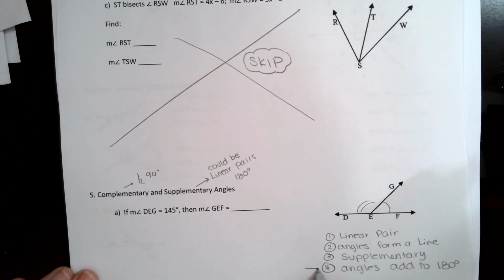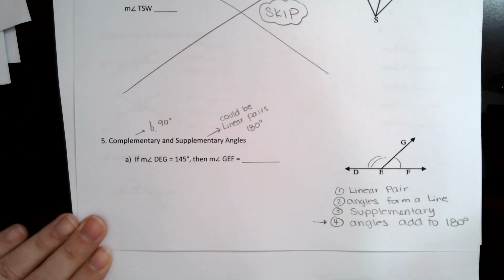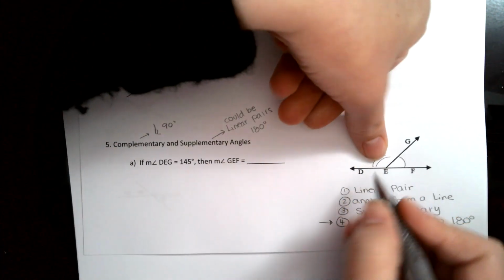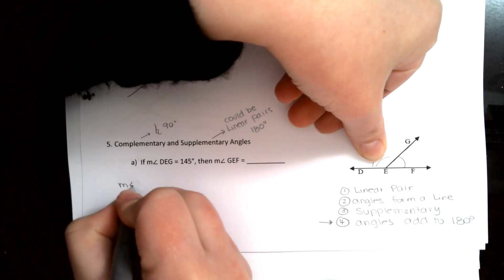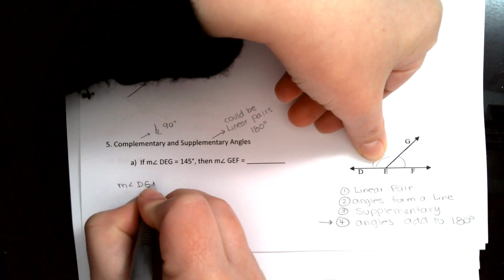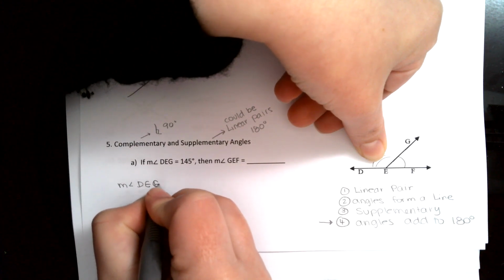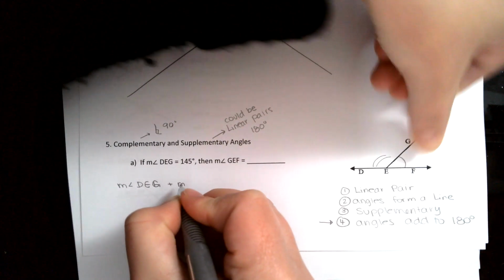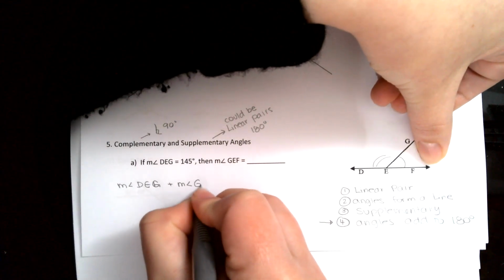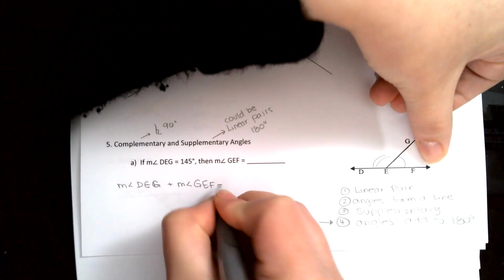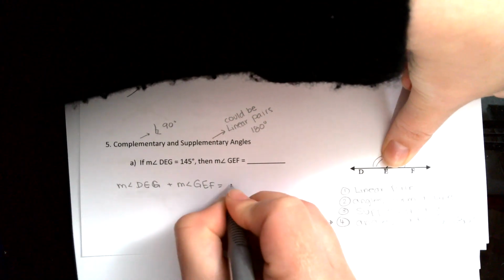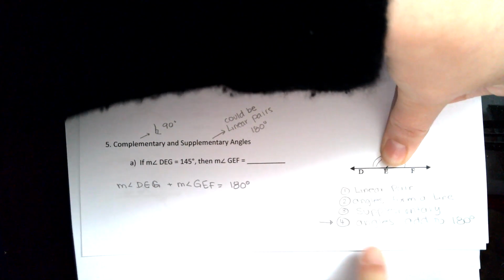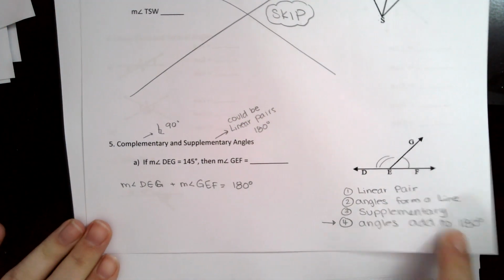Now that we know that angles are going to be adding up to 180 degrees, we're going to have, again, take your finger, it helps with your finger, the measurement of angle DEF, no, just kidding, DEG, plus the measurement of angle GEF is equal to, cover that middle ray, and that's where your 180 degrees comes in.